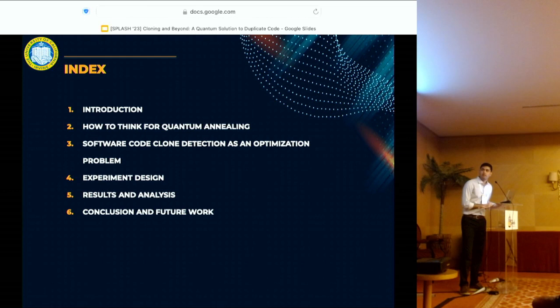And then I'm going to talk about using mathematical frameworks to express software code clone detection as an optimization problem, and then tell you a little bit about how we experimented with the algorithm that we developed and the results and analysis and what it means to the research communities, what we're trying to present.